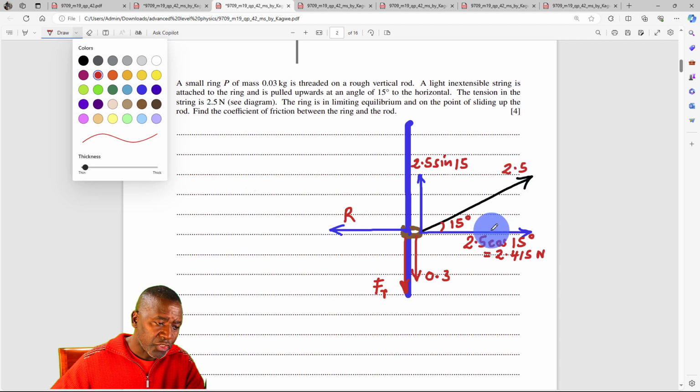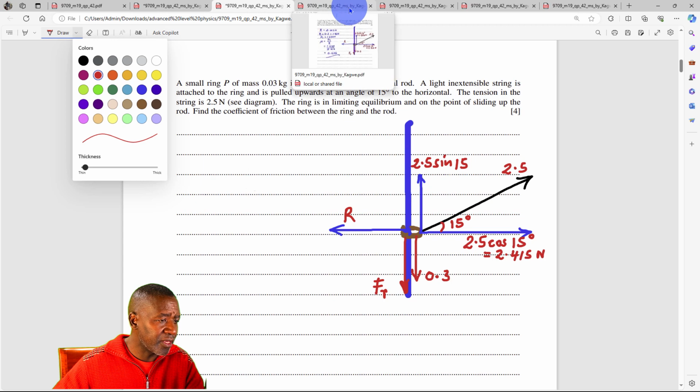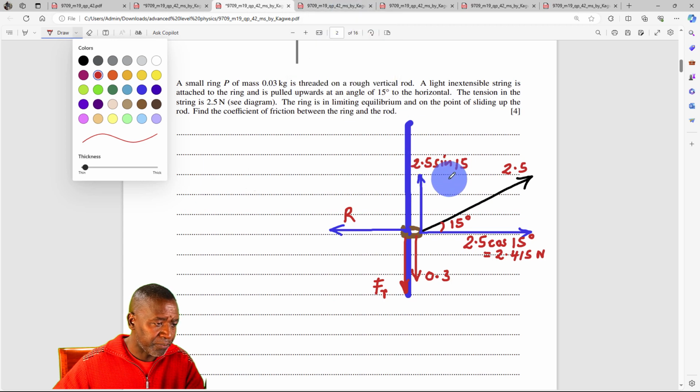You see that? So I get its horizontal component, which is 2.5 cos 15 degrees, and that is obviously this value. Then I resolve it in a direction which is perpendicular to this component, and this one takes a sine. And that one has a value which I'll write down in a moment.